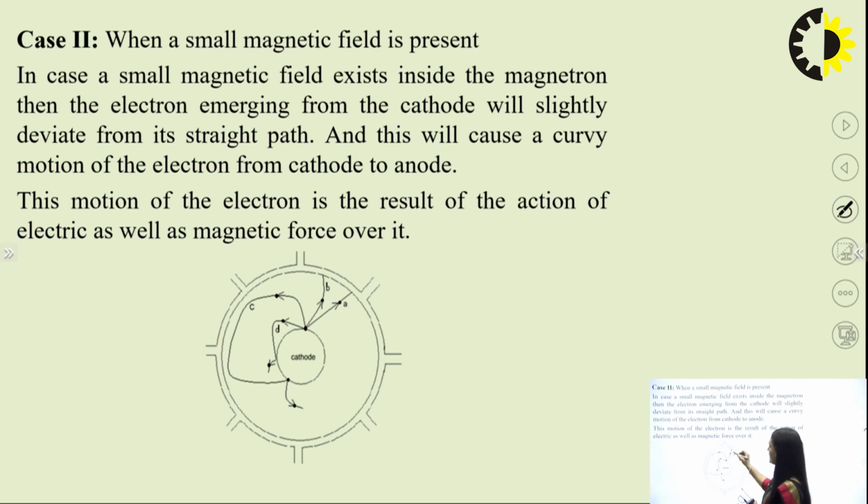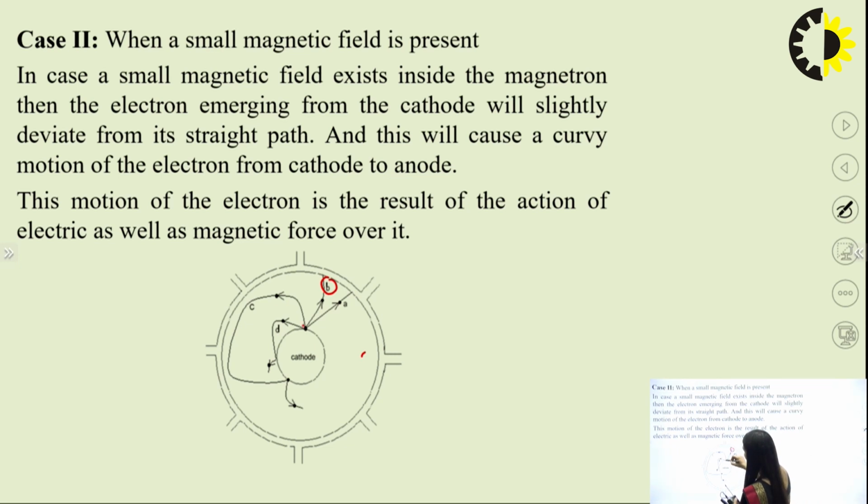See here the case of B. At time B, there is some presence of magnetic field. So the path of your electron will divert from the original path, and this deviation is because of the external magnetic field, right, and this will cause a curved motion of the electron from cathode to anode.